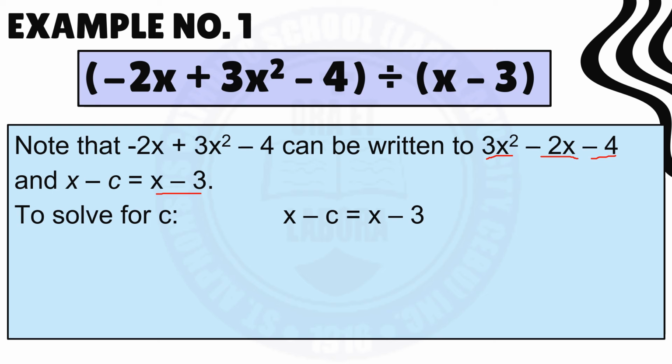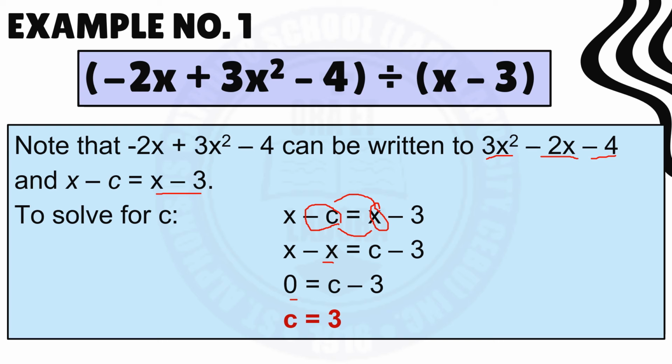So equate x minus c and x minus 3. Then solve for c. So in this case, transpose x. So we have here x minus x. Also transpose negative c. Therefore, it becomes positive c. X minus x is equal to 0. So we have here c minus 3. To compute for c, therefore c is equal to positive 3.